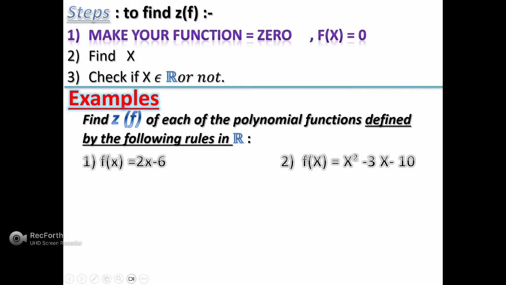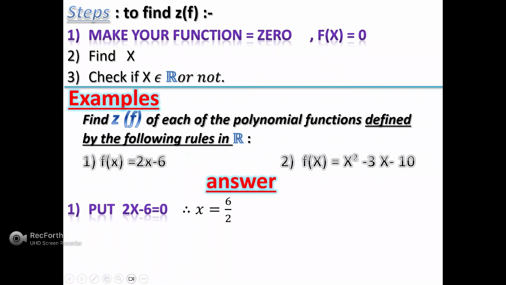Okay, first example, first step, remember with me, put your function equal 0, so 2x minus 6 equal 0, and find the value of x the same way as an equation.